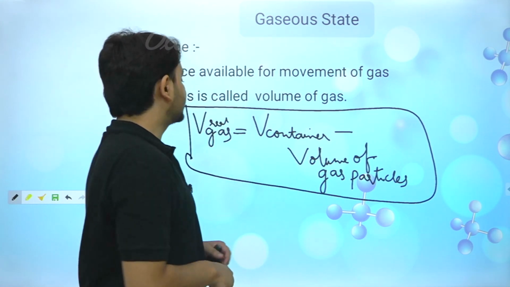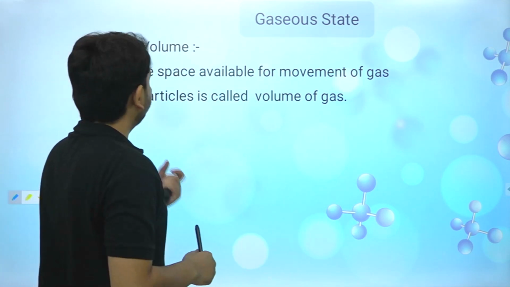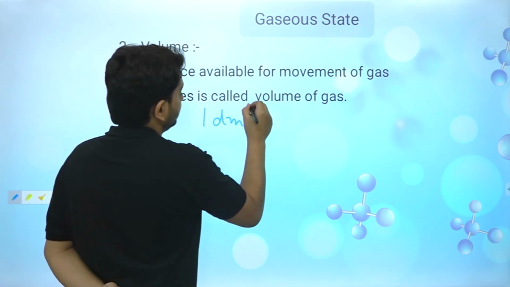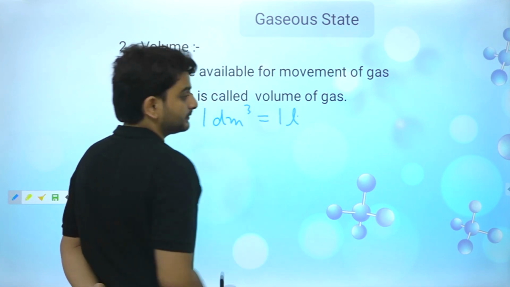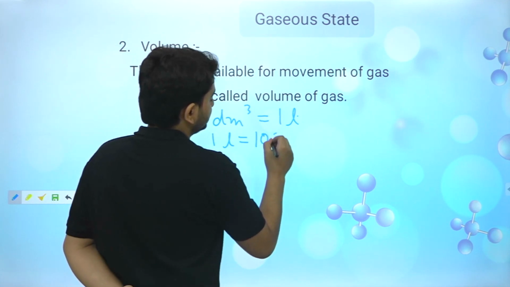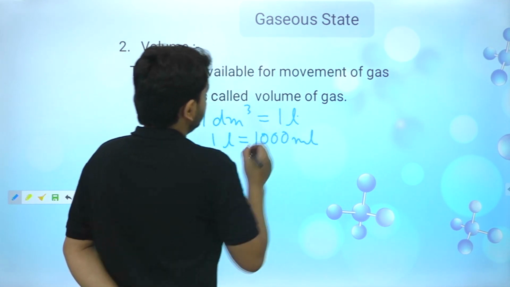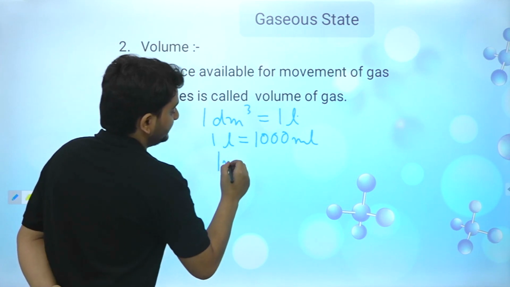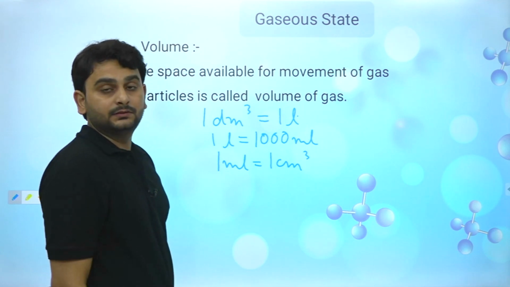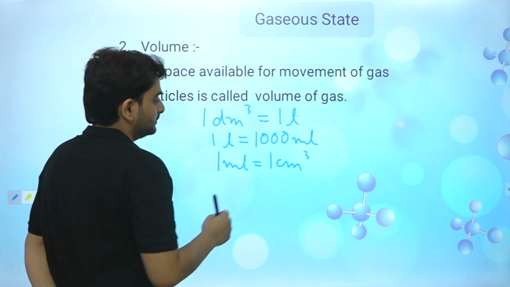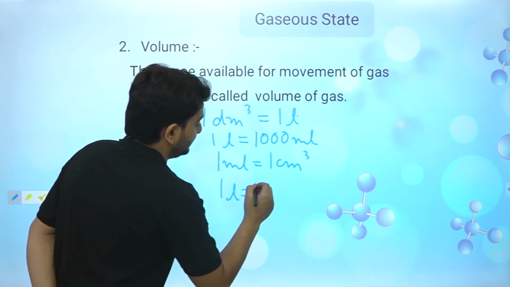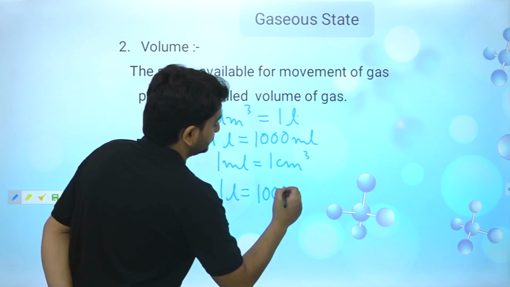Moving on, we'll discuss some units of volume. First of all, 1 decimeter cube is 1 liter. Secondly, you might be knowing 1 liter is 1000 ml. Thirdly, 1 ml is 1 centimeter cube. Alright. Also, now that we know 1 ml is 1 centimeter cube, 1 liter will be equal to 1000 centimeter cube.